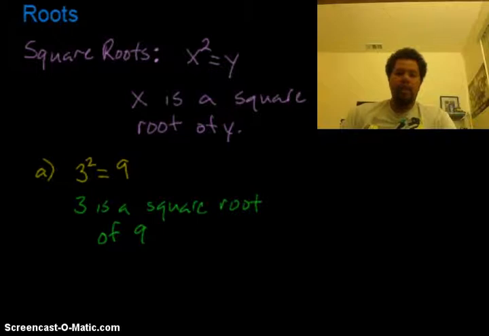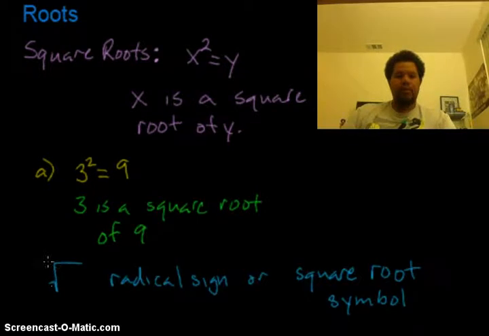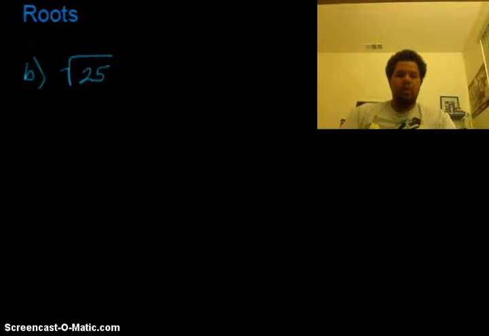Now there's a symbol that goes along with this. This symbol or sign almost looks like a division, but it has this little extra lip right here, and it's called a radical sign or a square root symbol. Okay, so in this example, we have the radical symbol over 25.